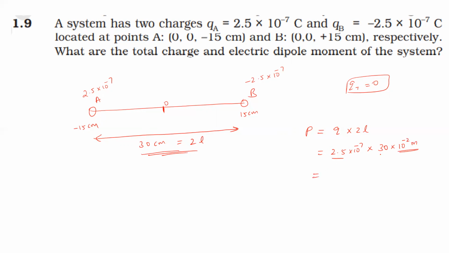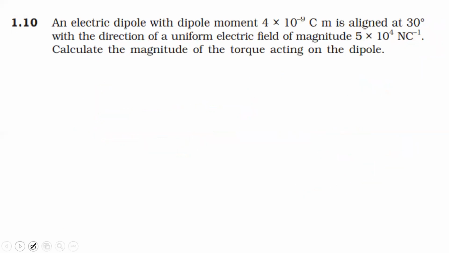This 2.5 into 30 is equal to 75. And 10 power minus 7, 10 power minus 2 gives 10 power minus 9. Here the charge unit is Coulomb and length unit is meter, so Coulomb meter. This one we can write as 7.5 into 10 power minus 8 Coulomb meter. So the dipole moment of this system of charges is 7.5 into 10 power minus 8 Coulomb meter.